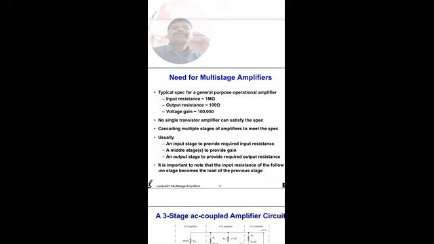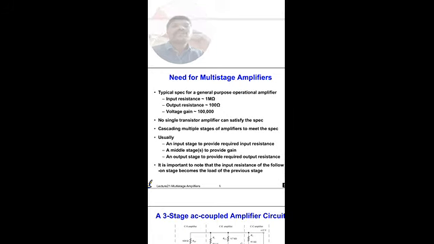No single transistor amplifier stage configuration like CE, CB or CC amplifier can satisfy these conditions. No single stage will have all three characteristics: high input impedance, low output impedance and high voltage gain.